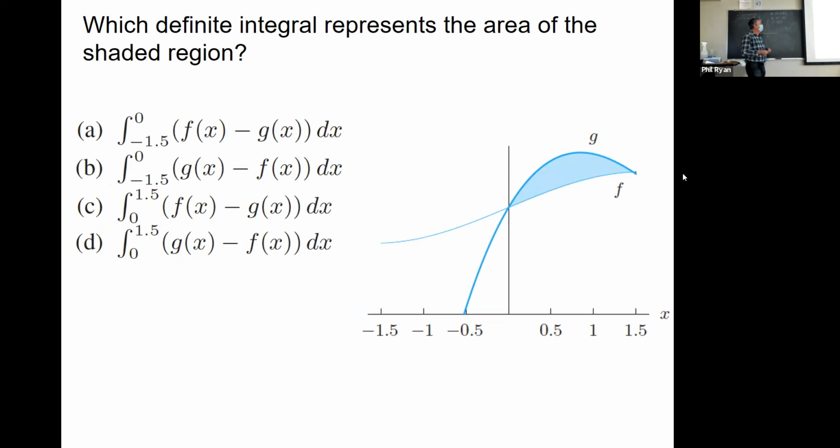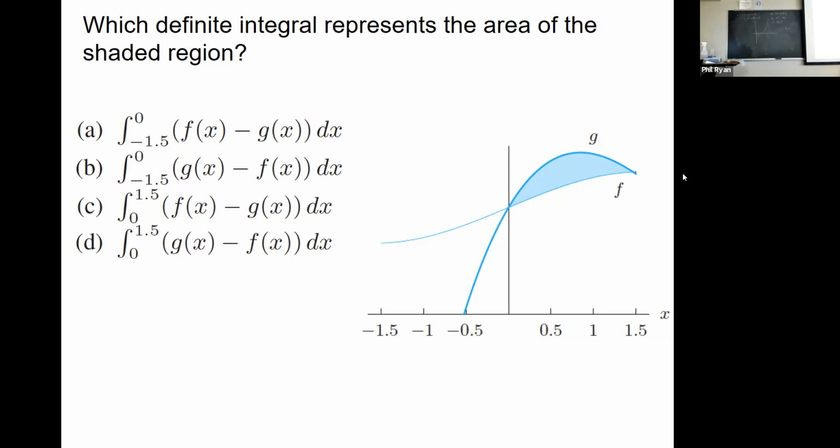And then finally, I think we've just got time for this one. What represents the area of the shaded region? Okay, so there's two things to worry about: the bounds and the integrand. So what are the bounds going to be?